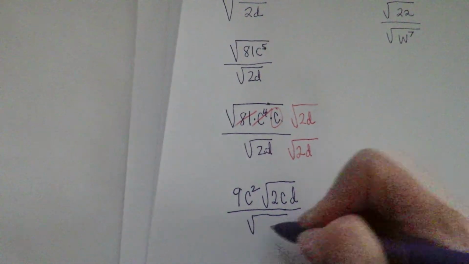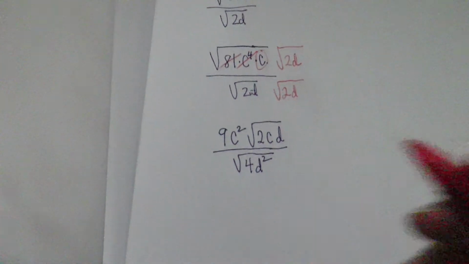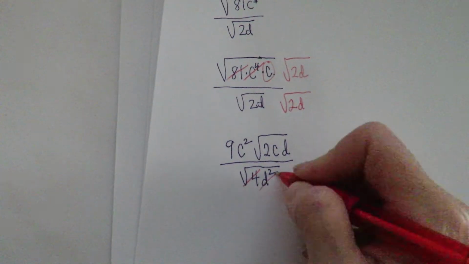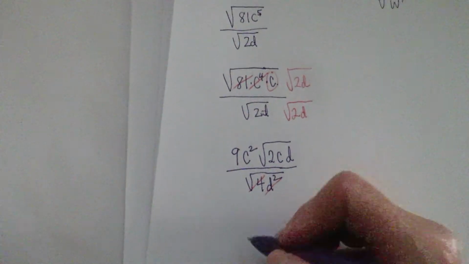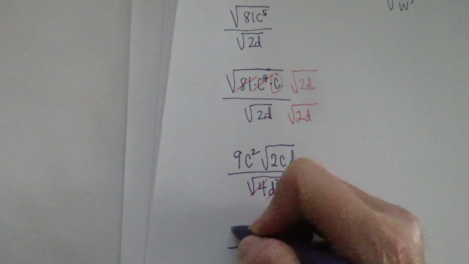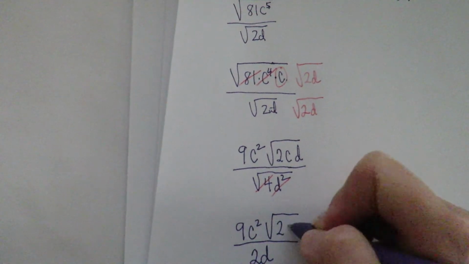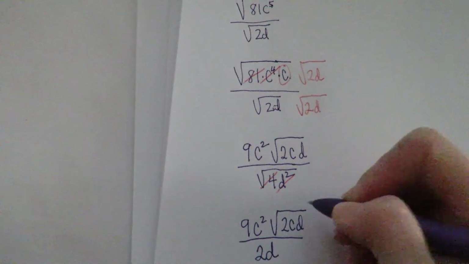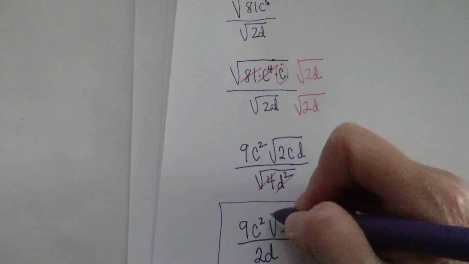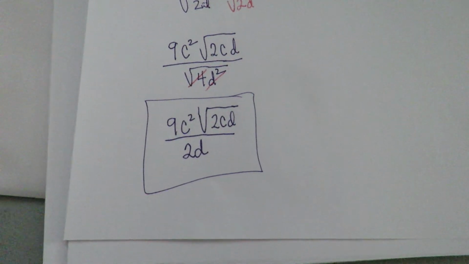In the denominator, we've made this a 4d squared, which is perfect. So I can now pull out the 4 and the d. So that's going to come out as 2d, 9c squared, 2cd. Okay, and that's the answer to that one.